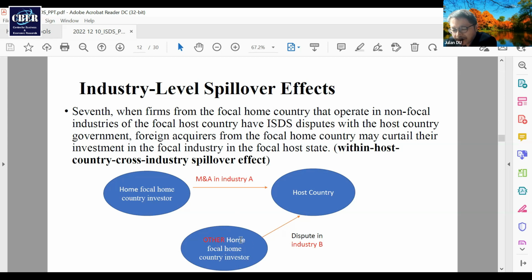If other home country investors have a dispute with the focal host state government in industry B, then these focal home country investors engaged in industry A may be discouraged from making investment in industry A in the focal host country. So we call that within host country cross industry spillover.